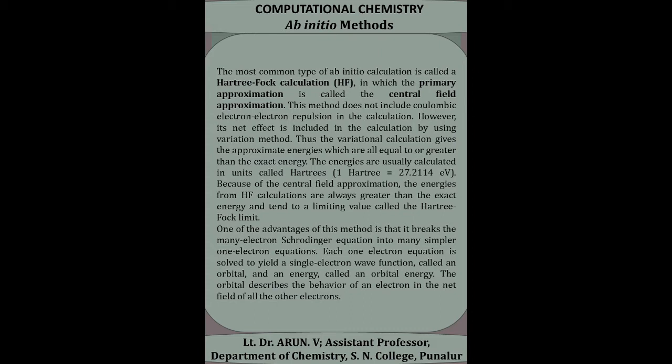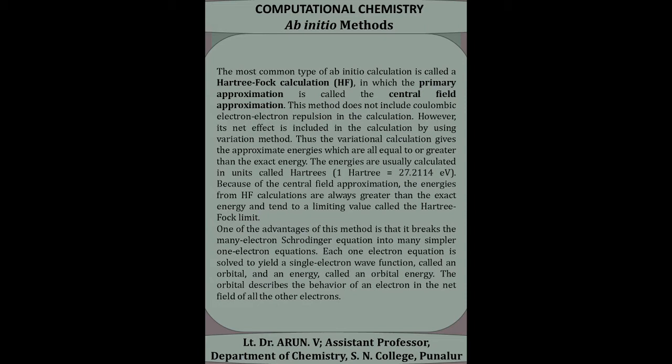In the Hartree-Fock calculation, the primary approximation is called the central field approximation. This method does not include Coulombic electron-electron repulsion in the calculation. However, its net effect is included in the calculation by using the variation method. Thus, the variational calculation gives approximate energies which are equal to or greater than the exact energy.